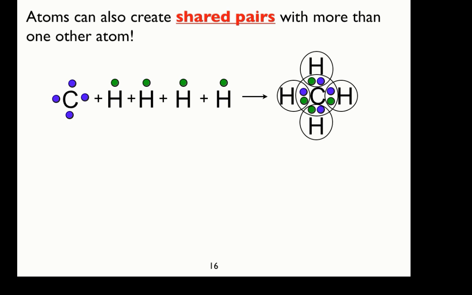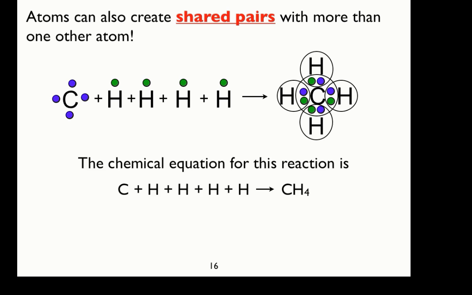So if carbon needs 4, and each of these hydrogens only need 1, and there are 4 of them, let's set it up like this. And again, you can do the Venn diagrams to show the shared pair between the hydrogen and the carbon. The chemical equation for this one would be a carbon plus 4 hydrogens yields a carbon and 4 hydrogens.